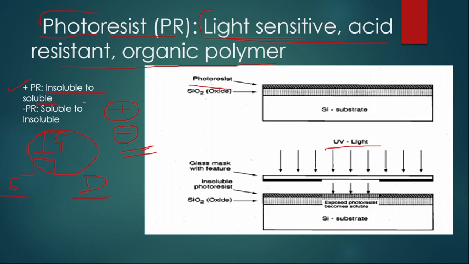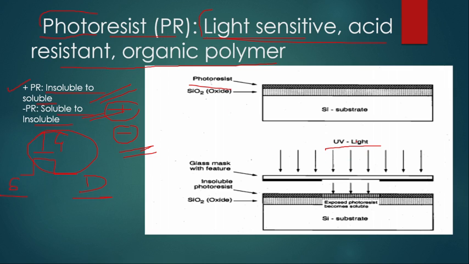The same is with the photoresist. You can learn it like this: positive photoresist converts insoluble material to soluble, and negative photoresist converts soluble to insoluble. According to the requirement, you can use any type of photoresist, but generally positive photoresist is preferred over negative photoresist because of its high resolution.